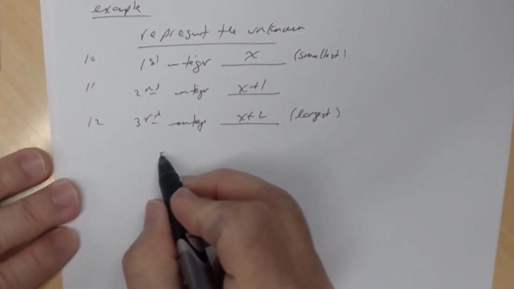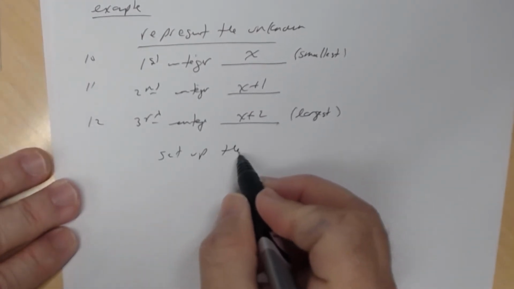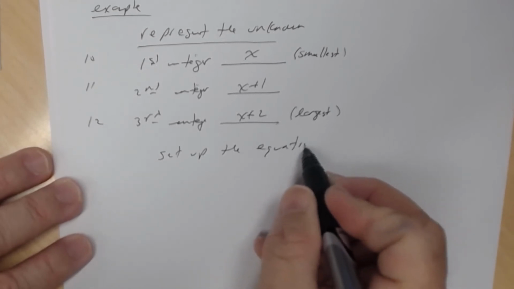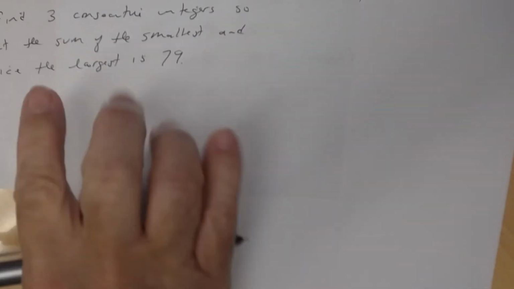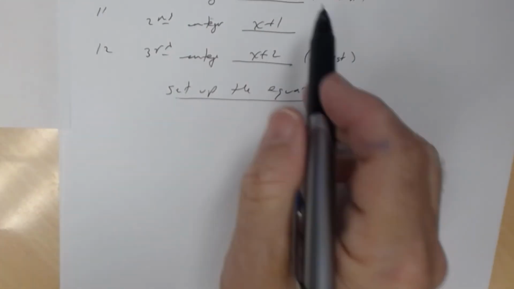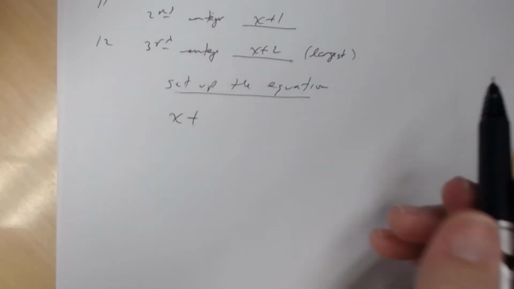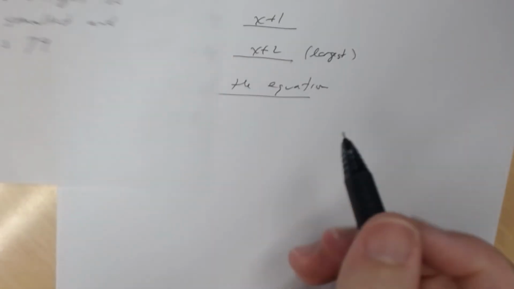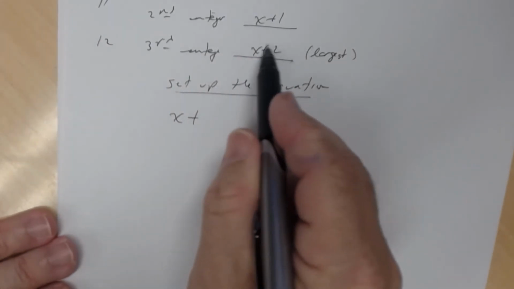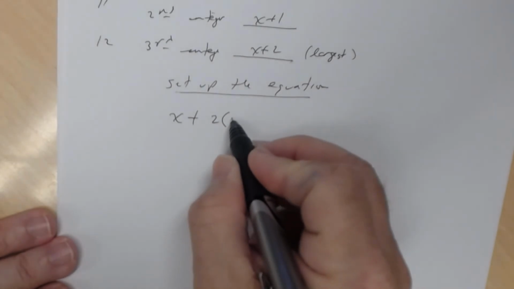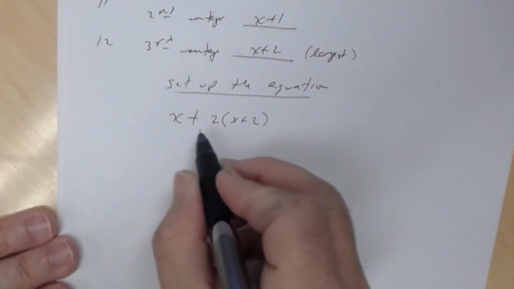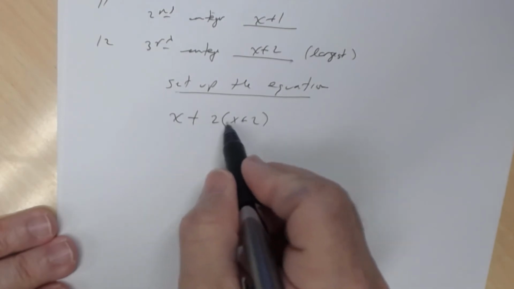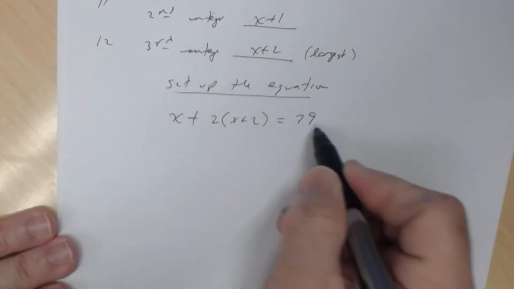Okay, now let's set up the equation. It says the sum, so you add up the smallest, x plus, and then twice the largest. Notice the largest is a binomial, so you have to say 2 times, in parentheses, x plus 2. So the smallest plus twice the largest is 79.